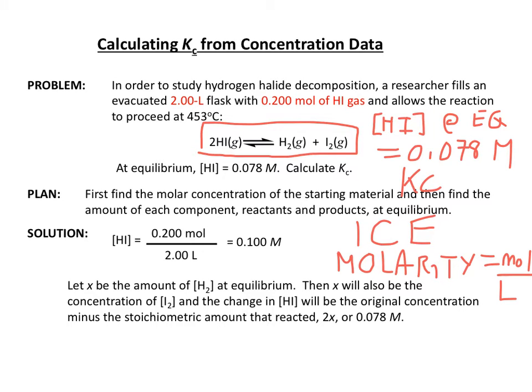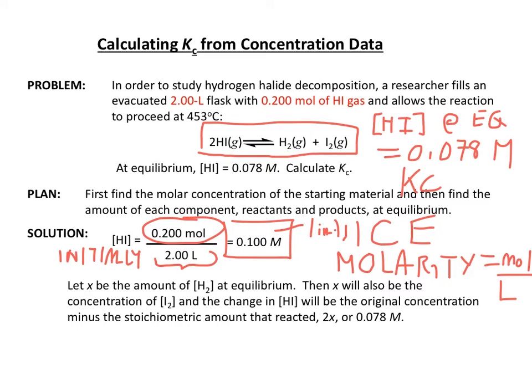So initially, the flask is filled with 0.200 moles. The flask has a 2.00 liter volume. So the concentration of HI in the beginning, initially, is 0.100 molar.